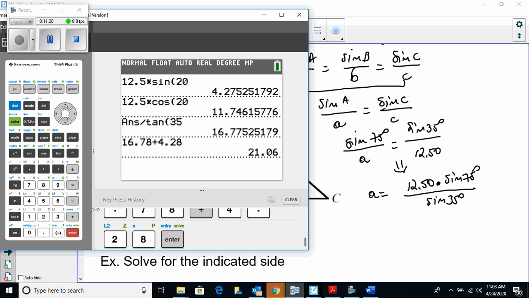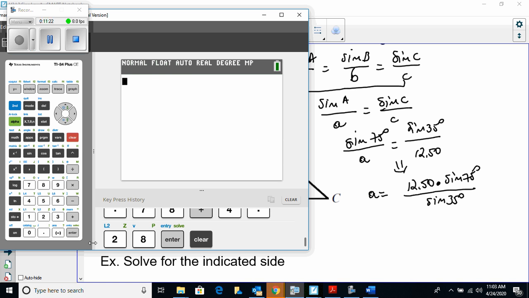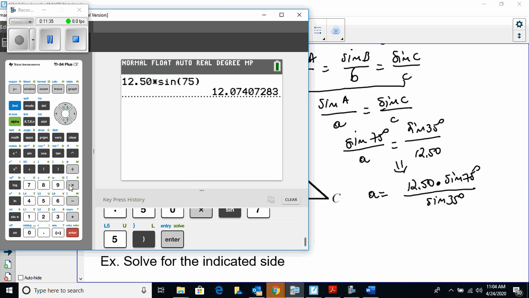And now with the help of the calculator, we will do 12.50 times sine 75. Make sure that the mode of your calculator is on degrees. Divide by sine 35.